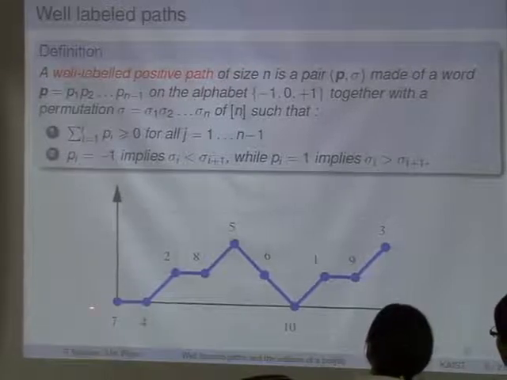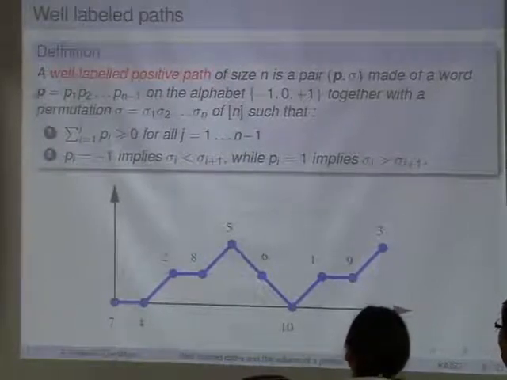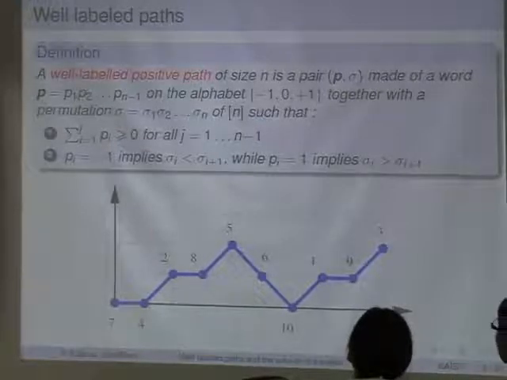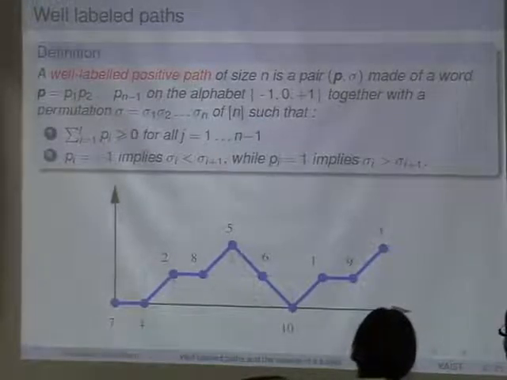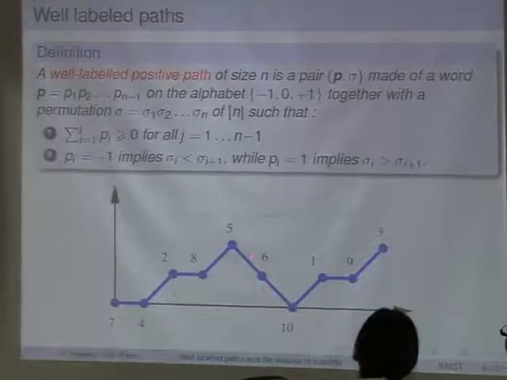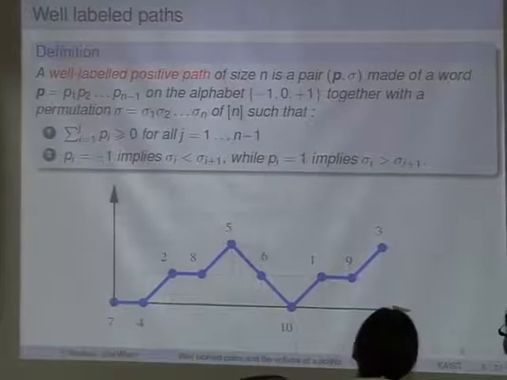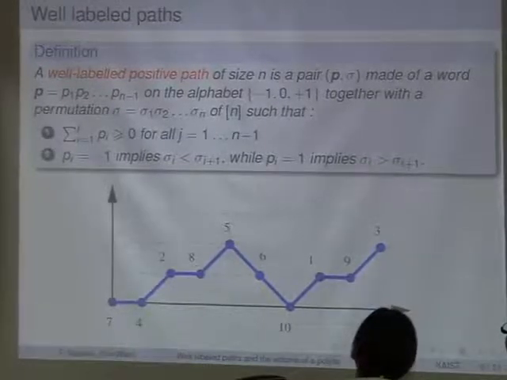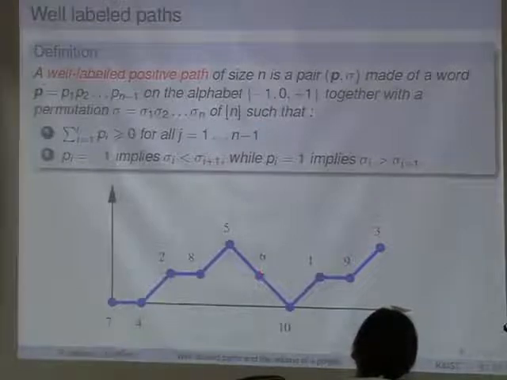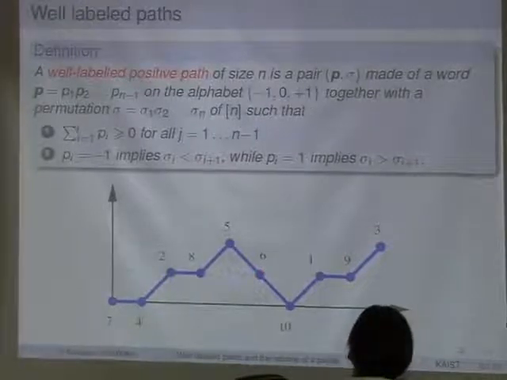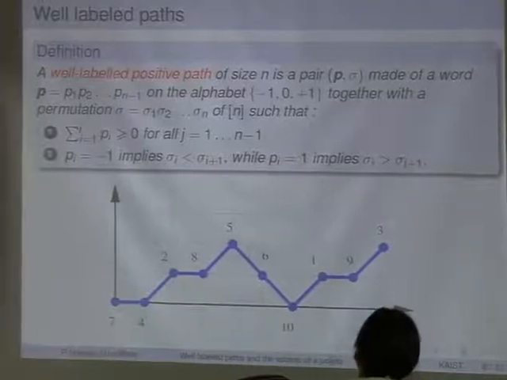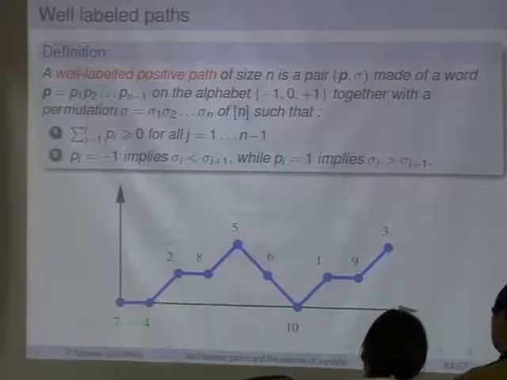And now the points are labeled, but you cannot choose any label. This weird condition of the hi minus h minus 1 translates here in the fact that if you have a down step, okay, pi equals minus 1, it means that the value on top has to be smaller than the value below. First, I'm very sorry for this choice, because we can do all the same with choosing the top value to be bigger than the lower value.